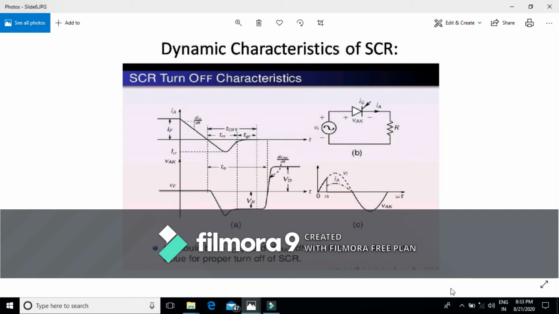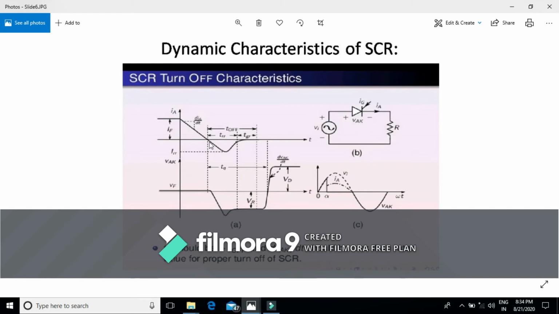Just like in the case of a diode, the characteristics are similar to those of a diode, because as soon as this current reaches its zero interval, we have to continue this reverse voltage, because we have some charge carriers in the depletion layer and in the outer layers, and to remove those charge carriers, we have to supply that reverse voltage for some finite period of time.